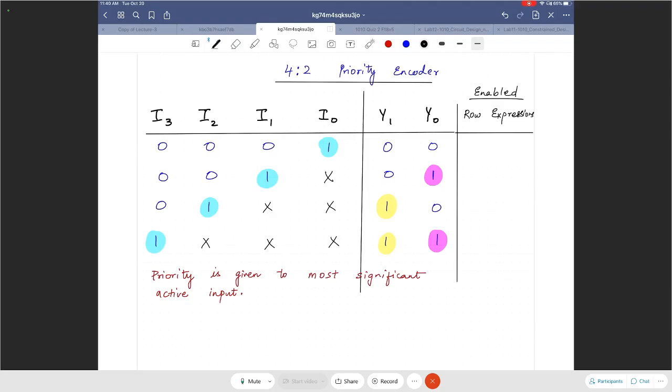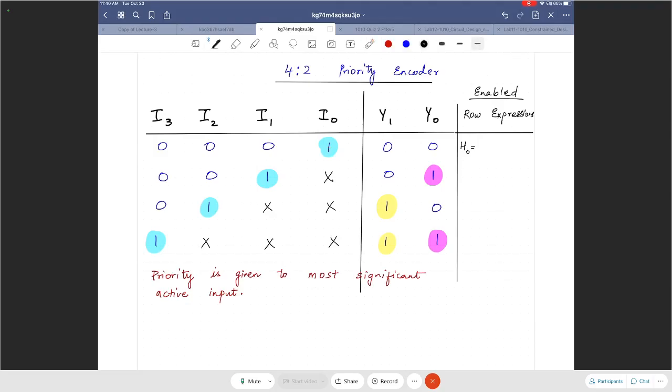So for each row, we are going to write a particular expression. For example, for the first one, we are going to write H0. H0 is going to be 1 when I3 is 0 and I2 is 0 and I1 is 0 and I0 is 1.